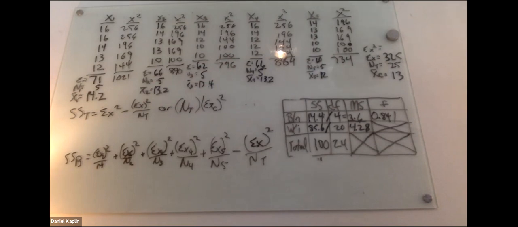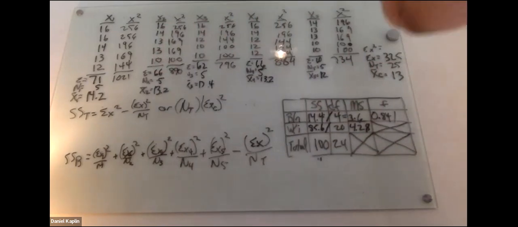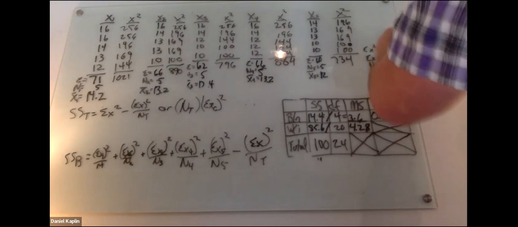I'm going to do that now just to make sure that I get it right. 1,021 plus 890 plus 796 plus 884 plus 734. And that's going to give us a number of 4325.